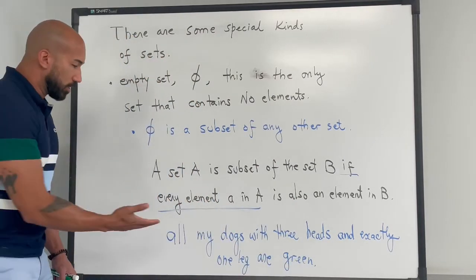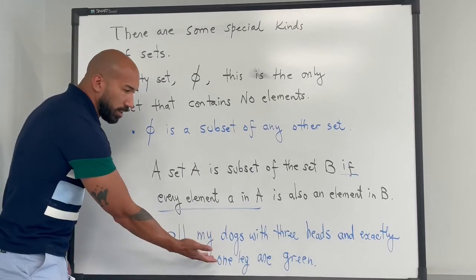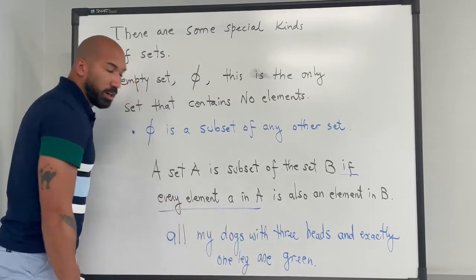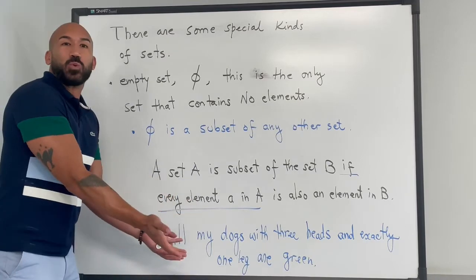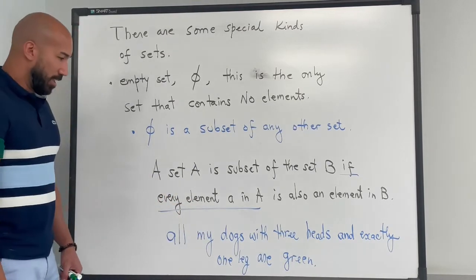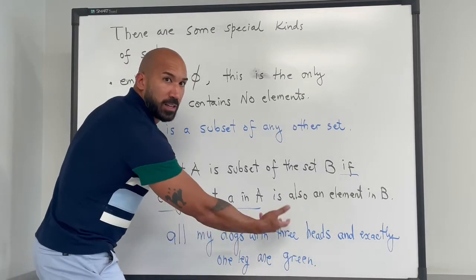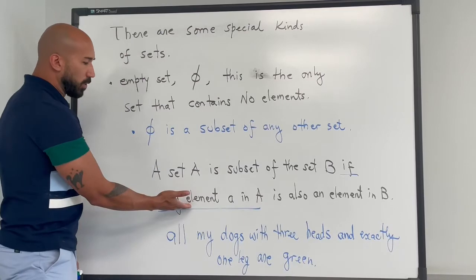Can you provide such a counterexample? No. So I'm not lying. In addition, I'm not claiming anywhere here that I have at least one of such dogs. Is that okay? So formally, this kind of construction is not assuming that these objects exist. Is that okay? Same situation here.